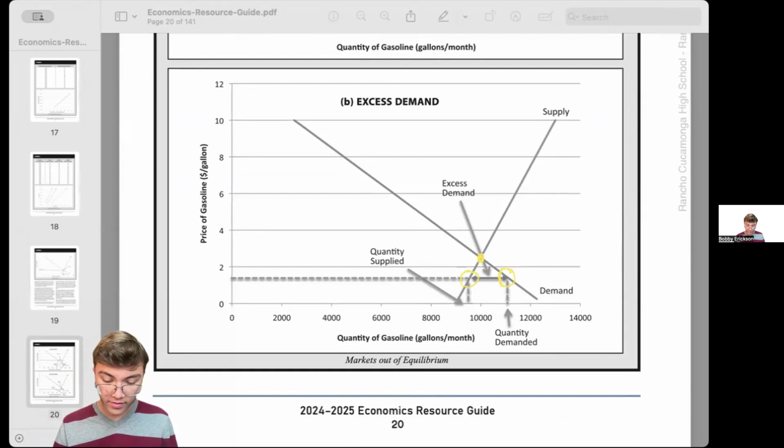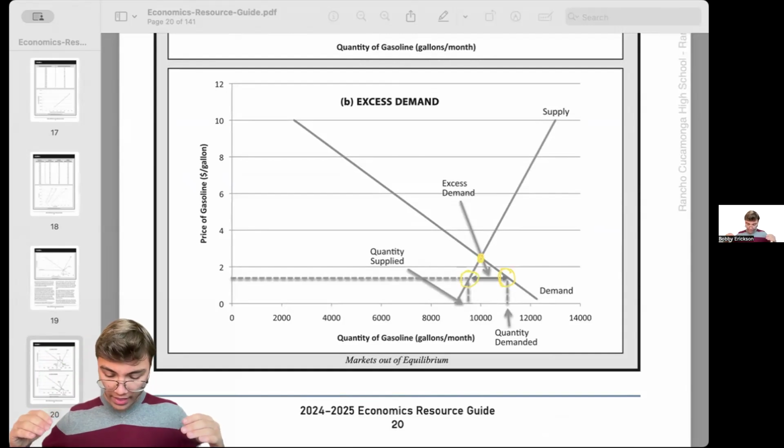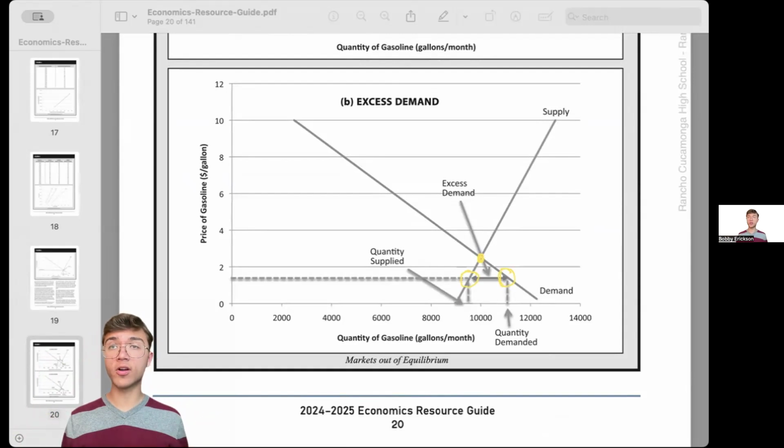And so this means that the demand is higher than what the suppliers are actually supplying. So buyers want more because the price is lower, but because the price is lower, suppliers are less willing to supply such a good.